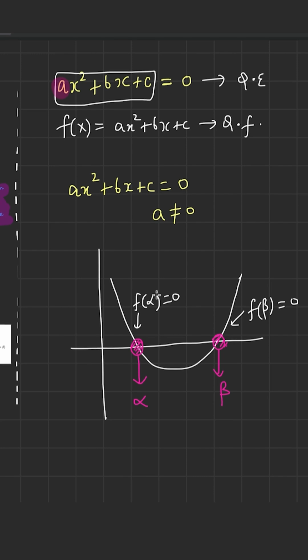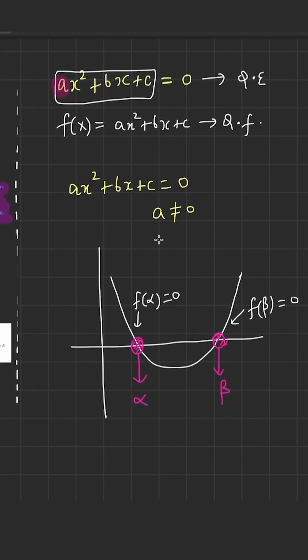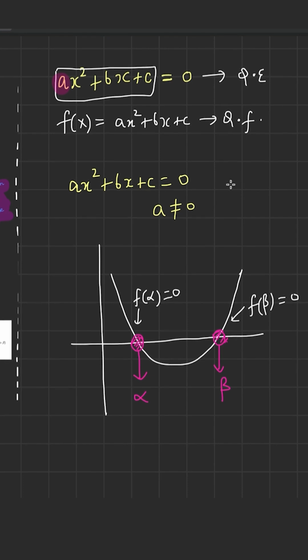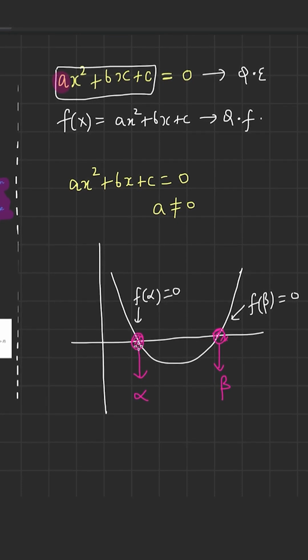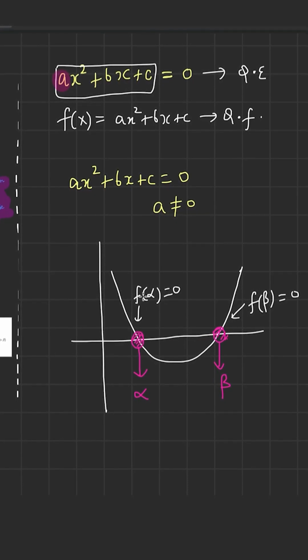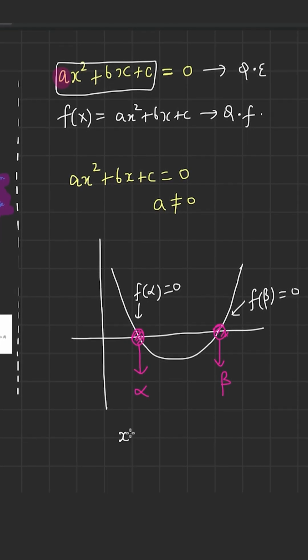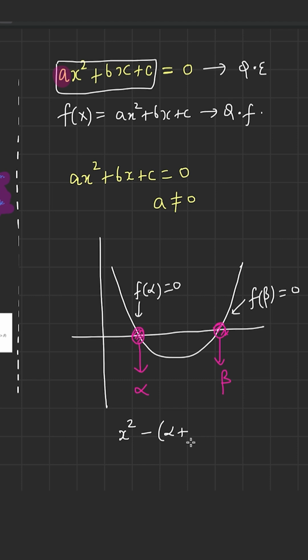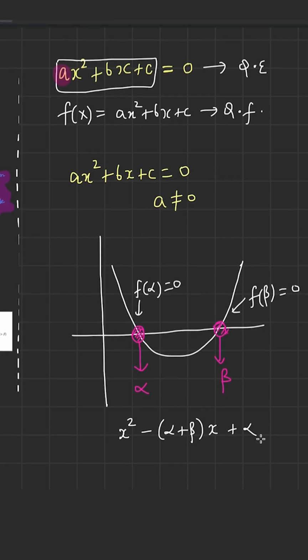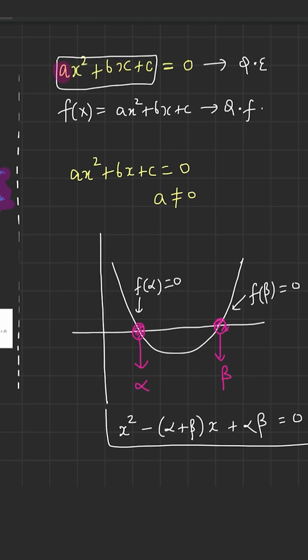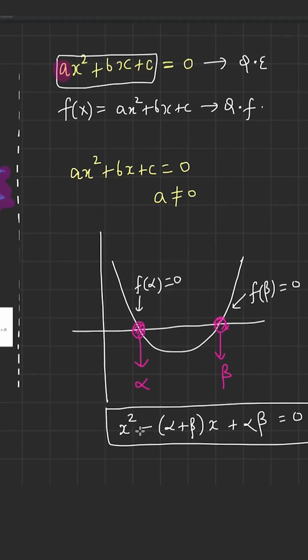Because at x equal to alpha and beta respectively, you will get this quadratic equation coming out to be 0, because the function is itself 0 over here. So you can represent this equation as x square minus alpha plus beta times x plus alpha beta equal to 0. So this equation will have the roots alpha and beta.